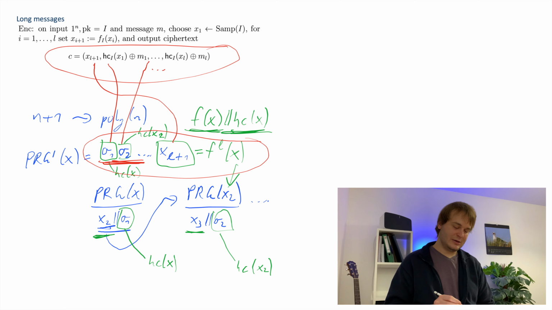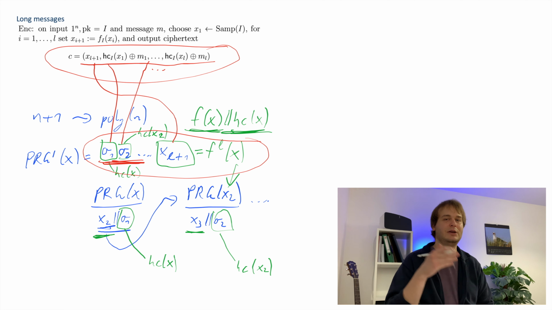So essentially we can just look at this thing here as a pseudorandom string where part of it we've just XOR'd with the message. And because this pseudorandom string looks pseudorandom also to the attacker against the encryption scheme, we can easily argue that this part which is XOR'd with the message also looks random. And so it's kind of easy to get this idea that this construction should be secure as well.